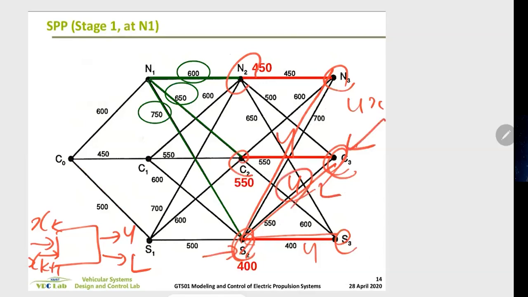U하고 이제 이 코스트. 그죠? So now your input is xk and xk plus 1, and then you need to find U and L. So this is called backward model.